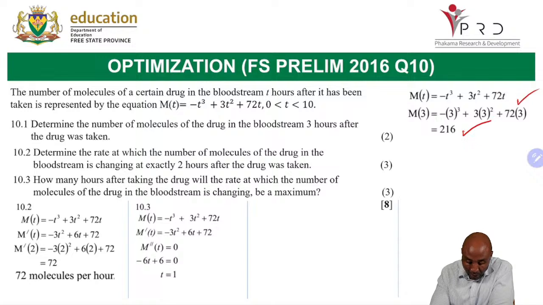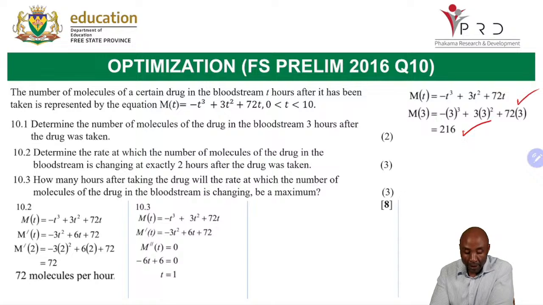We equate it to 0, then solve for t. So the time will be after an hour. Now, it's the rate that is changing, but if they had asked at what time we will have the maximum molecules in the bloodstream, you just do the first derivative, equate it to 0, then solve for t. That's how you get it.